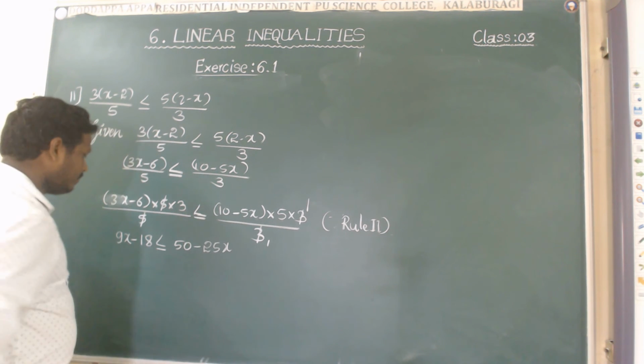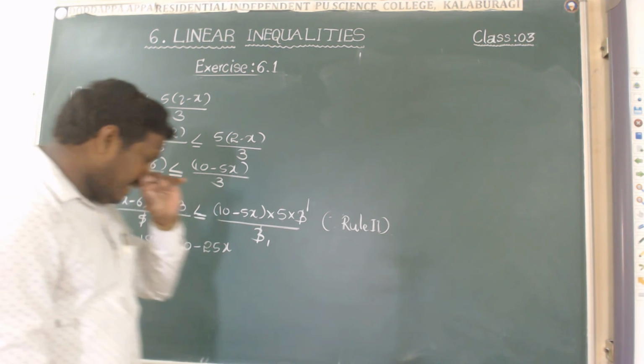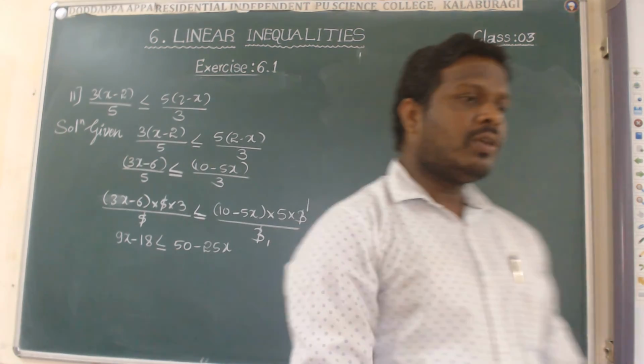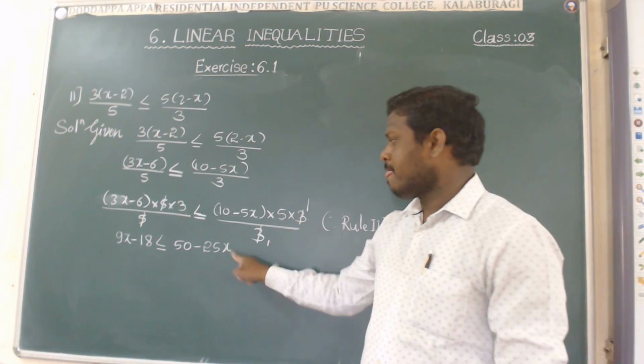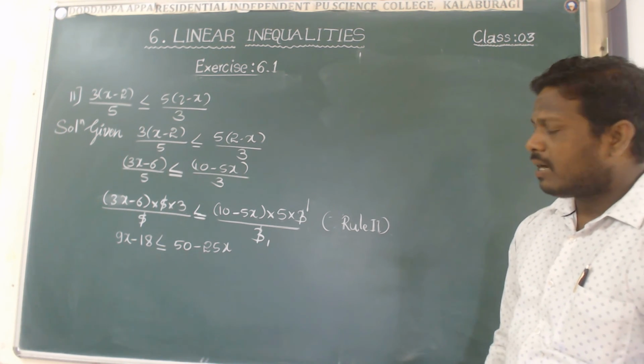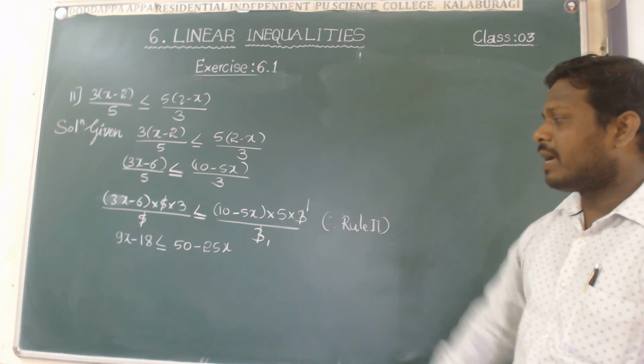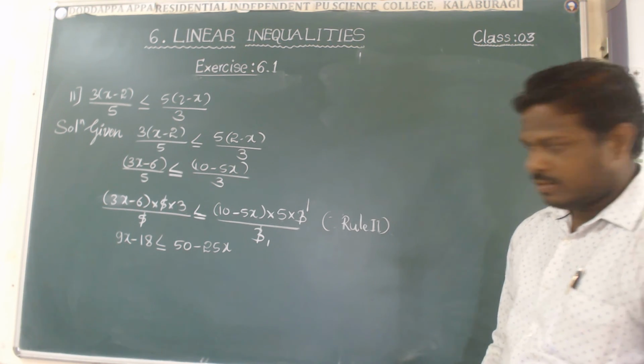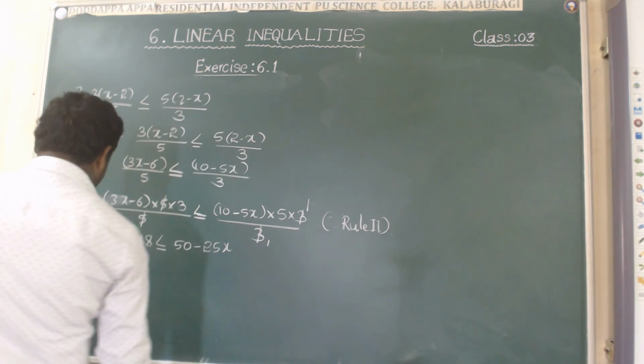Yes. Okay. The next step is removing the x term from the RHS side. So what we do here, apply the first rule, add both sides by 25x. Okay, so I am going to apply this first rule.